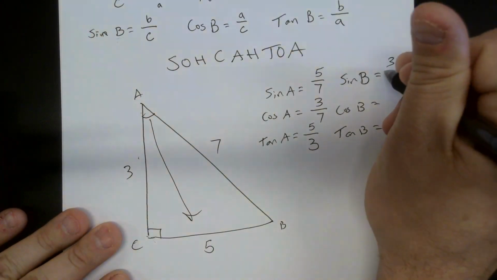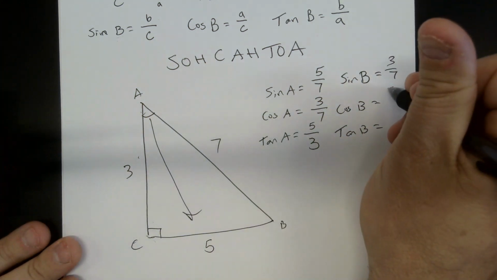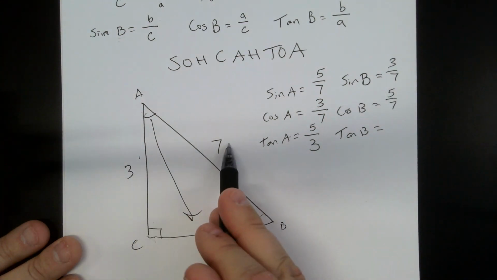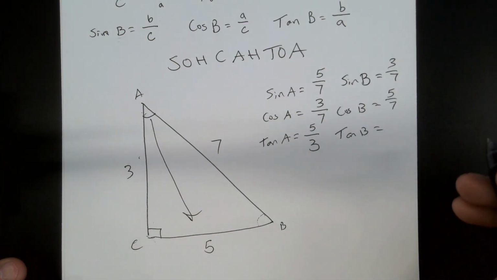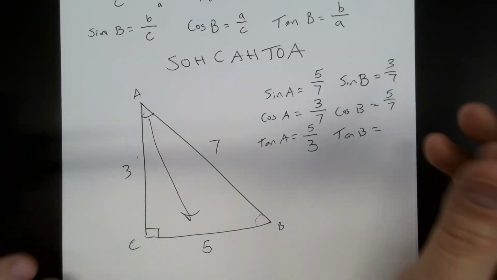Perfect. What's cosine of B? Kate? Perfect. B's right here, opposite over hypotenuse. Tangent of B, what is it, Max? Perfect.